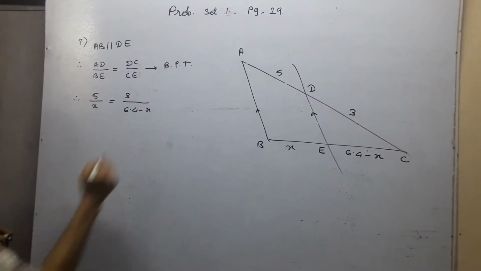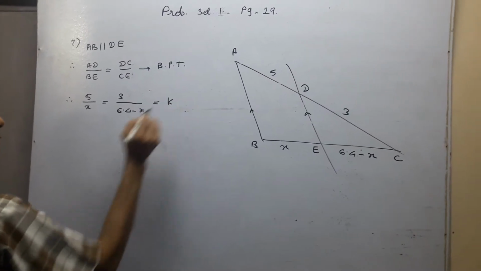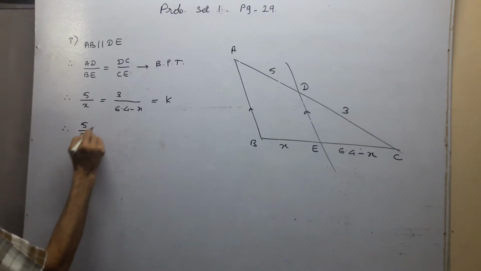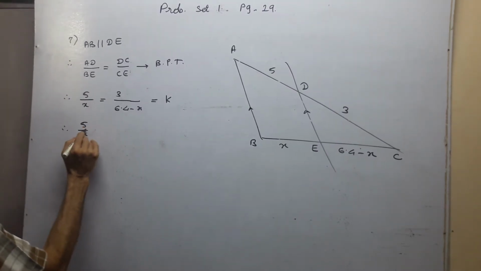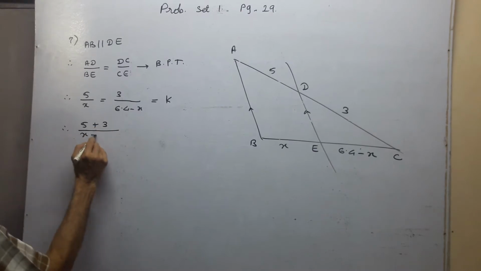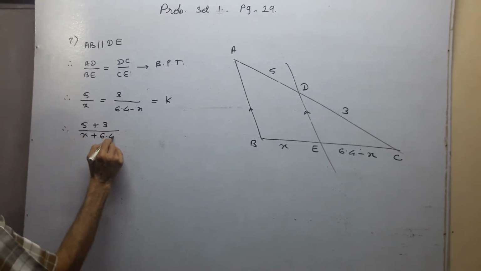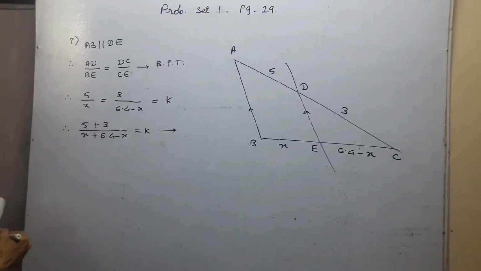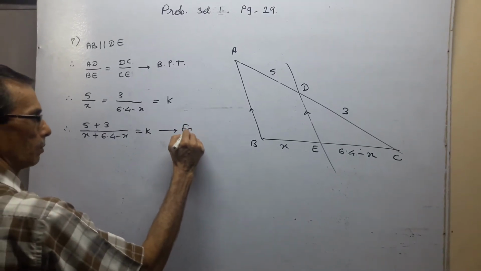But I would like to tell you one more method. Let us suppose k, and therefore 5 upon x plus 3 upon 6.4 minus x is also equal to k. So this is the equal ratio theorem method.